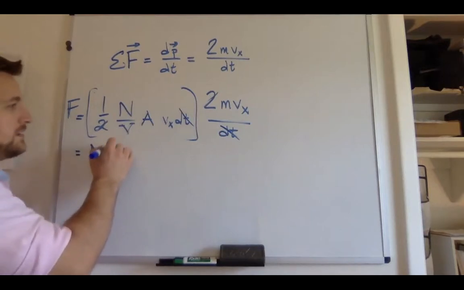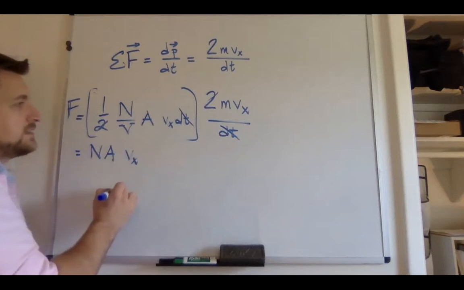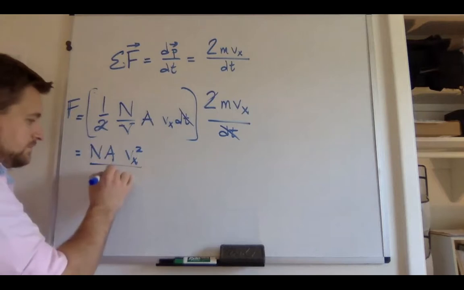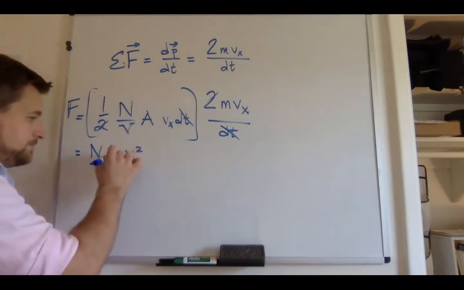We've got N A m vx squared over V, times one half.